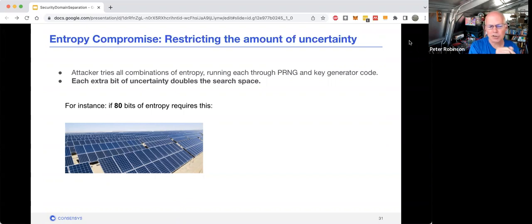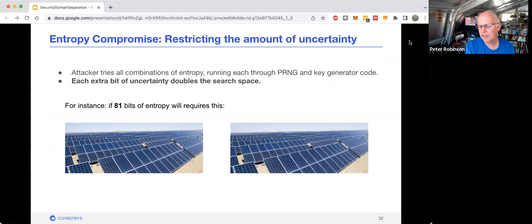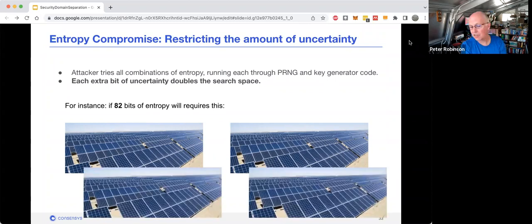So we've got a solar powered power station running to try and produce enough energy to attack, based on 80 bits of entropy. If you could have 81 bits of entropy, then chances are the attacker is going to need twice as much infrastructure. And if you can go to 82 bits of entropy, then it's 4 times as much infrastructure. So each extra bit of entropy that you can add to a system is going to help you massively. And that's something worth considering when you're thinking about that value chain of entropy to PRNG.